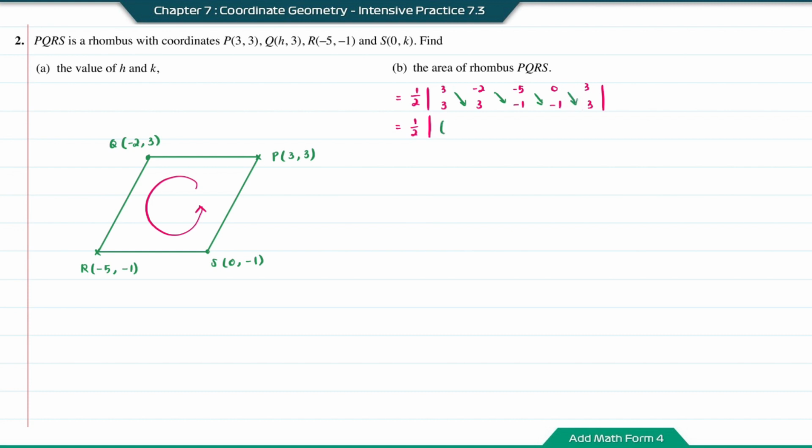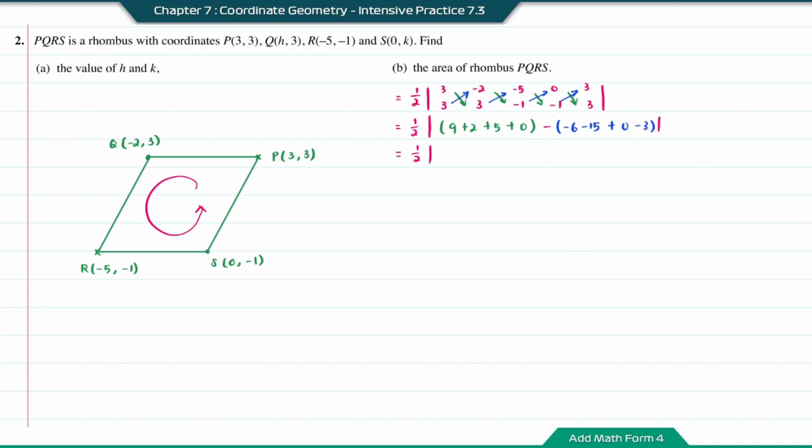So in the bracket, 3 times 3, we're going to get +9, -2 times -1, +2, -5 times -1, +5, and 0 times 3, this will be 0. Then minus the sum of all products in these directions. So in the bracket, 3 times -2 is -6, 3 times -5 is -15, -1 times 0 is 0, and -1 times 3 will be -3.